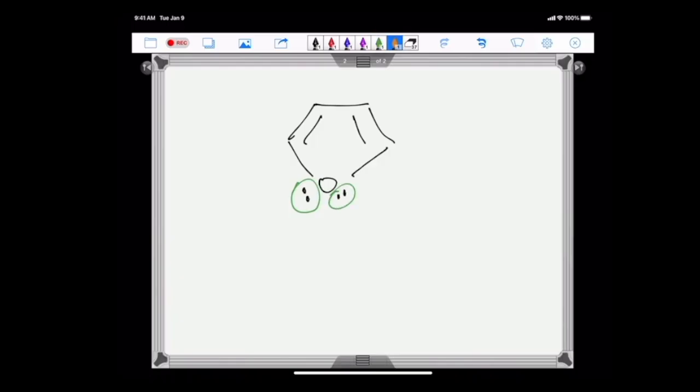What I mean is, I'm going to migrate this one down to form that resonance structure we drew, like this: lone pair, negative charge, positive charge. There's no other valid structure. If I took this lone pair and tried to do something else with it, like that, what happens if I did this?